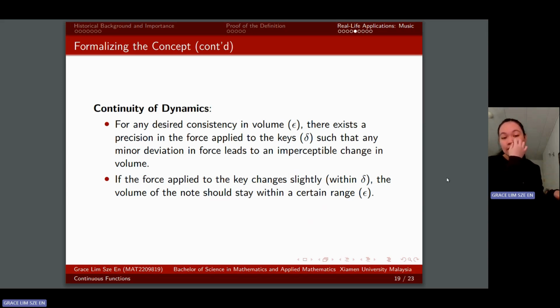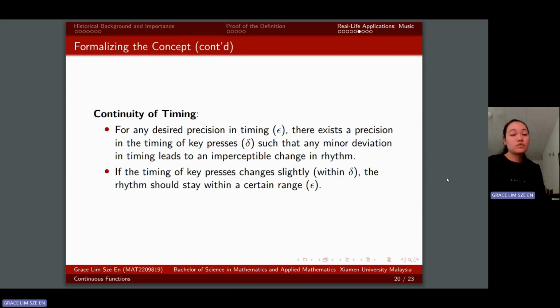So basically, it's saying that if the force applied to the key is within delta, the volume of the note also will stay within a certain range. The same goes for timing also. There is a certain precision at which I can press the key so that you won't be able to detect a big change in the rhythm. So if I press and vary it very slightly within delta, you won't be able to hear much change in the rhythm.